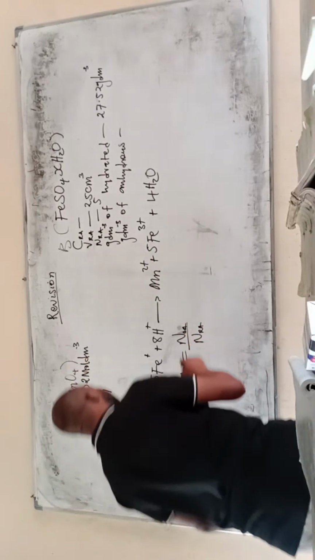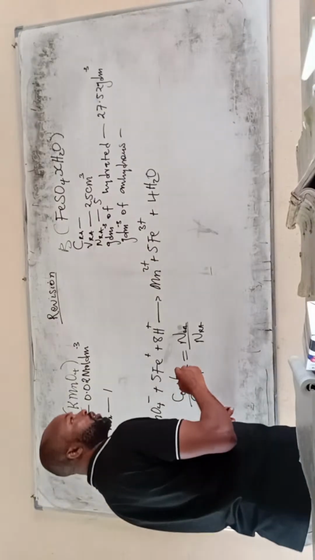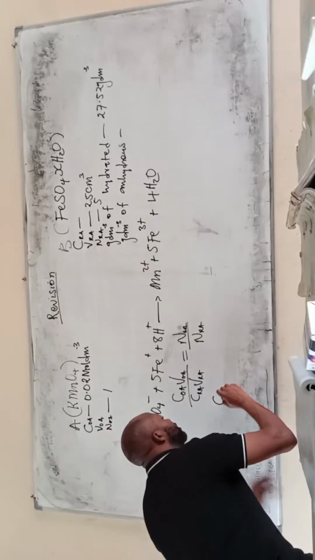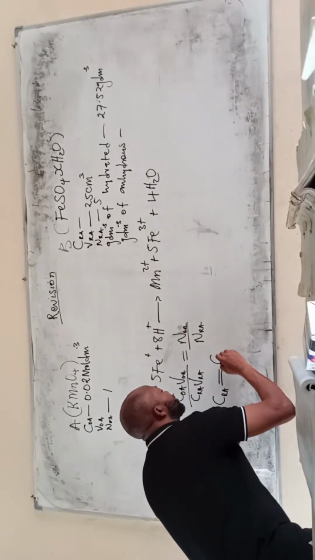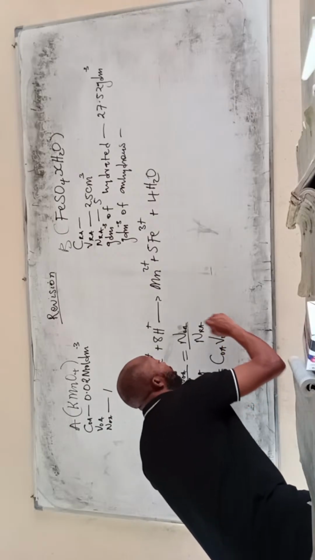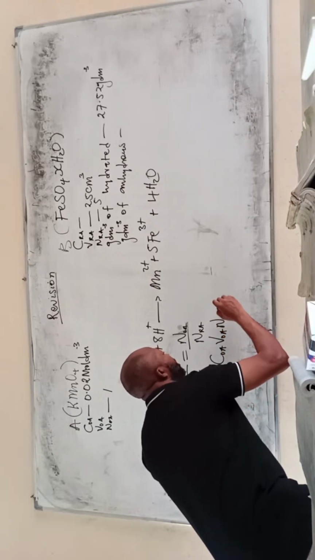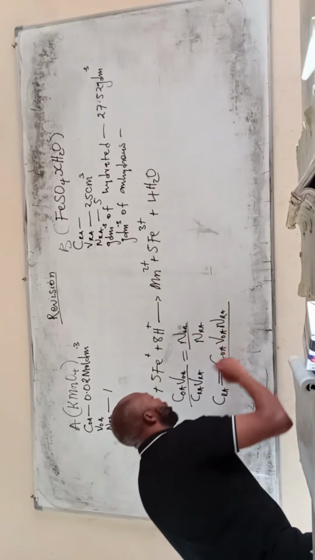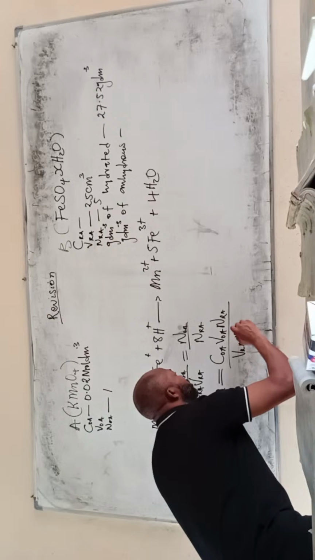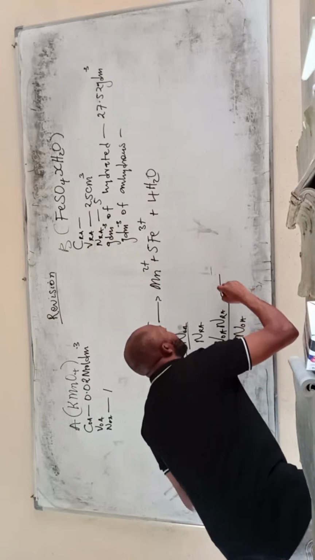I'm calculating the concentration of the reducing agent. So my concentration of reducing agent equals concentration of oxidizing agent times volume of oxidizing agent times number of moles of reducing agent, over volume of reducing agent times number of moles of oxidizing agent. And this equals what?